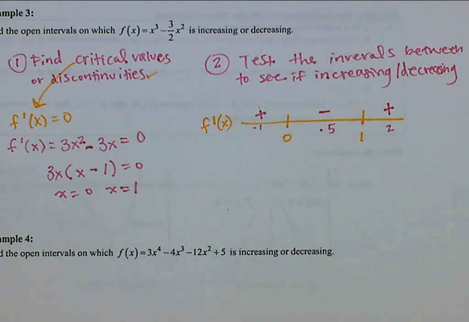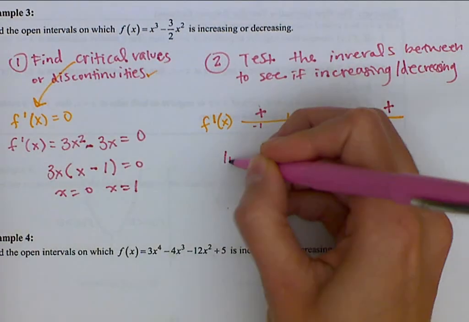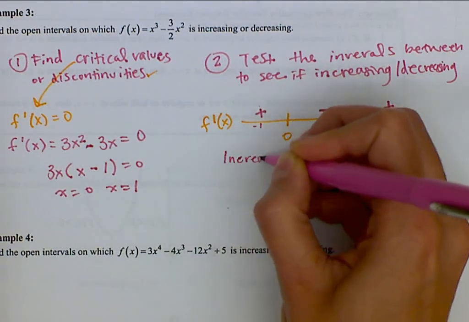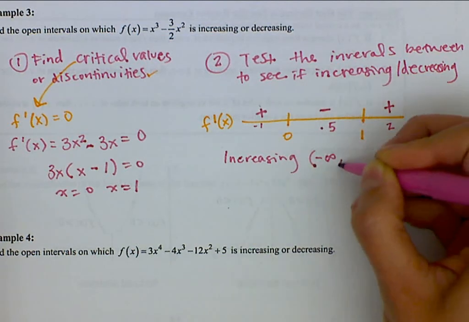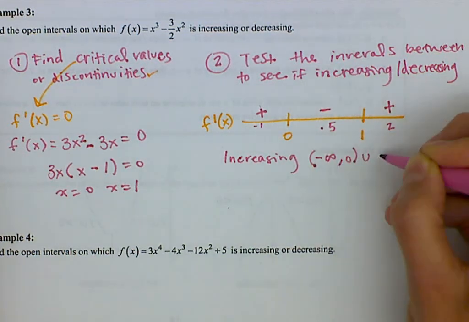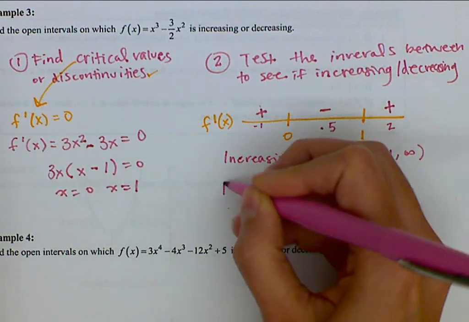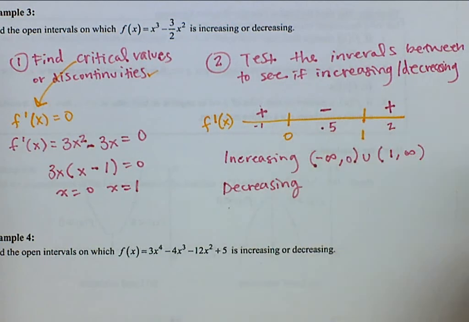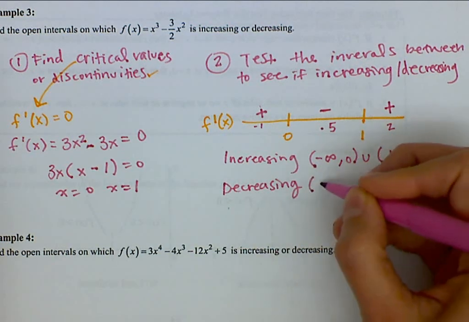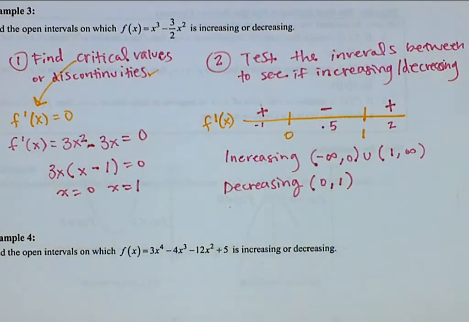So where this is increasing and decreasing, we just list it out. It's increasing on -infinity to 0 in union with 1 to positive infinity. And it's decreasing between 0 and 1. Ta-da!